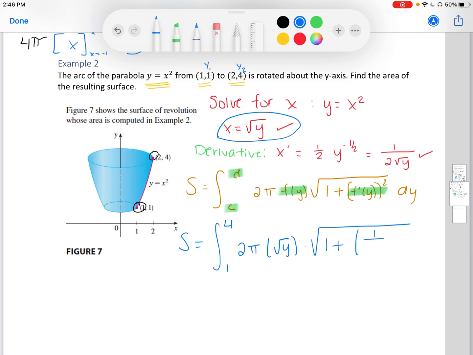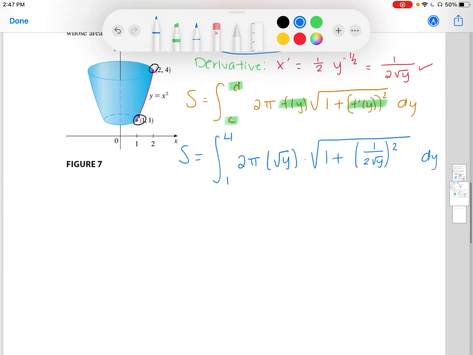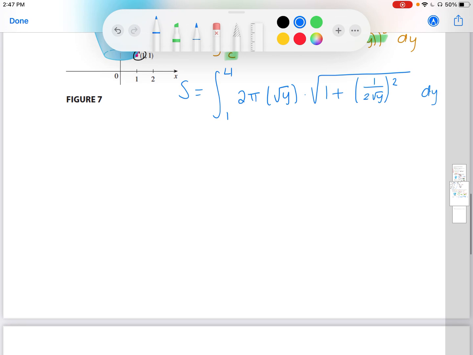So we have 1 over 2 square root of y, quantity squared, dy. Not so bad, right? Okay, that's our setup. And if this were an exam or a quiz problem, this would probably be a good 2/3 of the points. Now from here, it would just be a matter of integrating and evaluating for our endpoints.